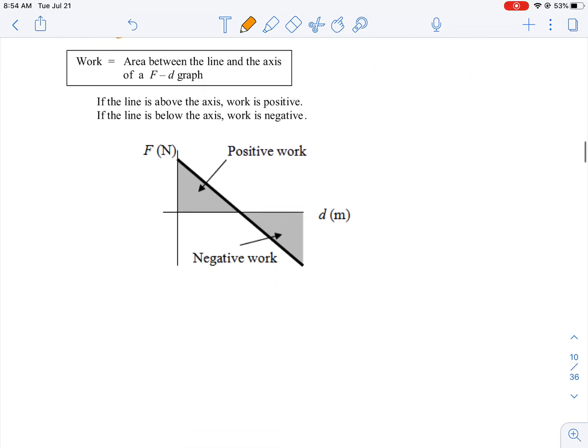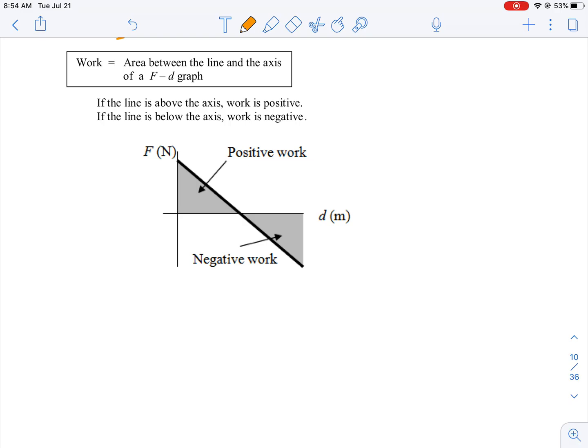So all we have to do is find the area under the graph. It is the area between, specifically, the line and the d-axis. If it's above, it'll be positive work. And if it's below, between the line and the d-axis, it would be negative work. And that's all you guys need to know.